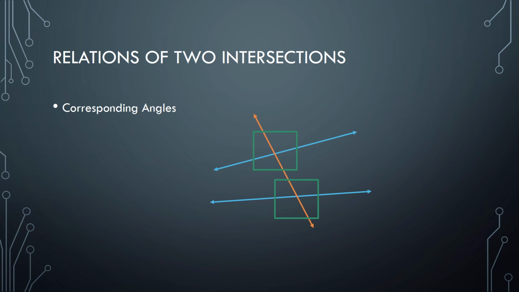If I talk about the top left section, the angle formed there in both boxes are corresponding. So in this case, these two angles right here are corresponding angles because they are in the top left corner in both cases. Likewise, these two angles are corresponding angles because they are in the top right corner.